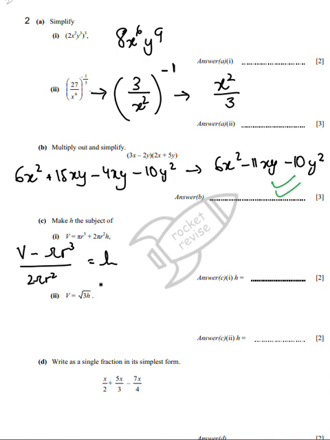We can. I mean, this can be considered a correct answer because we have made h the subject. So generically it is right. But can we try to simplify it?